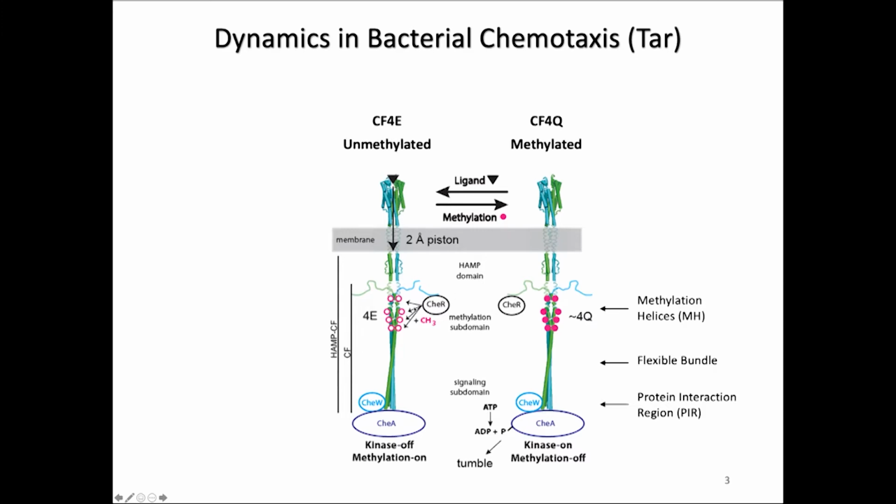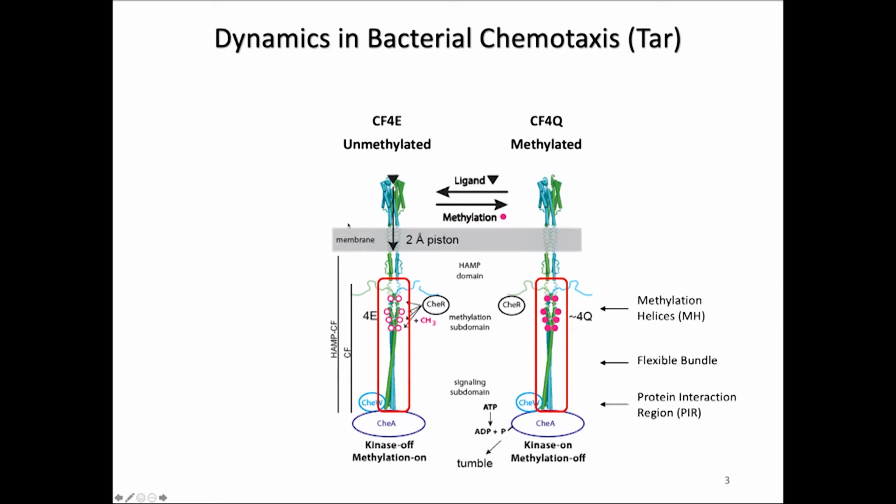So we have made 2 mutants in our lab, the CF4E, that is the cytoplasmic fragment with 4E. That is, the methylation sites are mutated to glutamate residues, so that forms our unmethylated receptor. And CF4Q, where all the methylation sites are mutated to glutamine residues, which mimic the methylation.